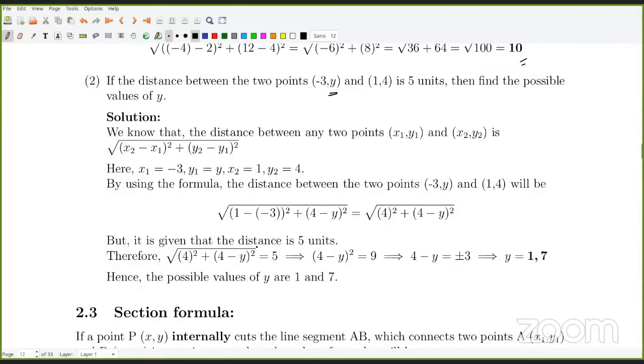We will get square root of (minus 3 minus 1, that will be minus 4) whole squared, or (1 minus of minus 3, that will be 4) whole squared, plus (4 minus 5) whole squared under root. This distance is given as 5. So equate it to 5 and simplify, you will get y can be either 1 or 7. So there are two possible values for y, which are 1 and 7.